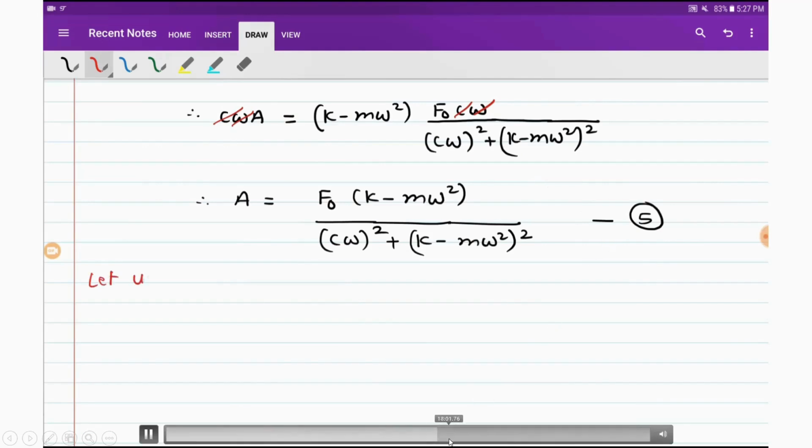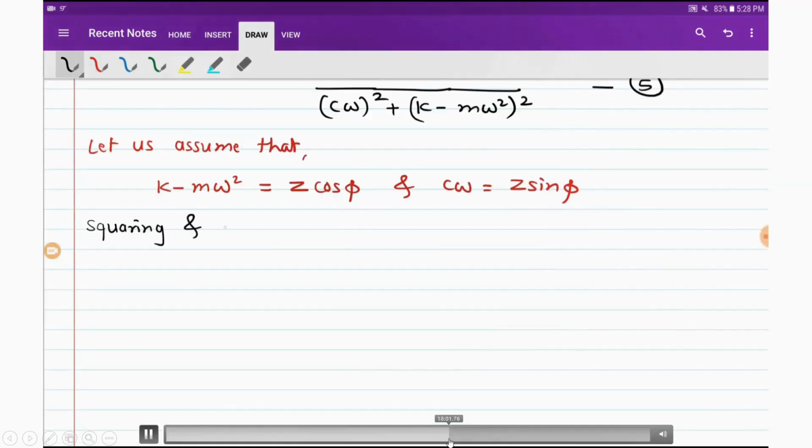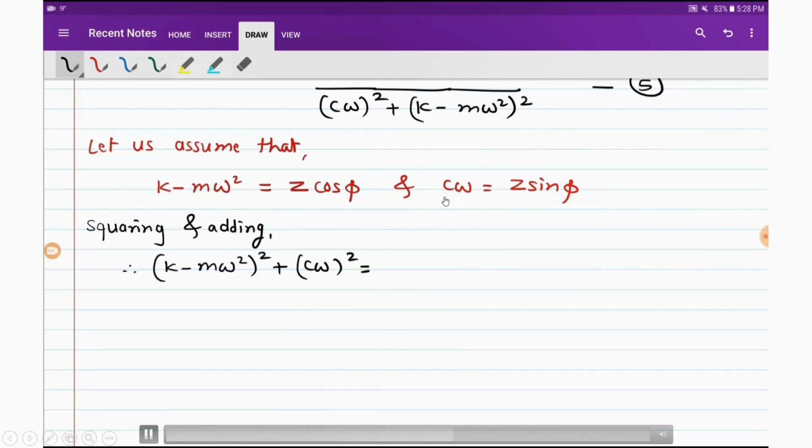So now we have both a and b with us. So let us assume that k minus m omega square is equal to z cos phi and c omega is equal to z sin phi. Now if you square and add them, then k minus m omega square, plus c omega and square of that, is equal to z square cos square phi plus z square sin square phi.